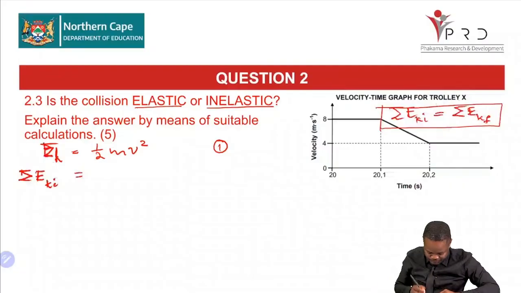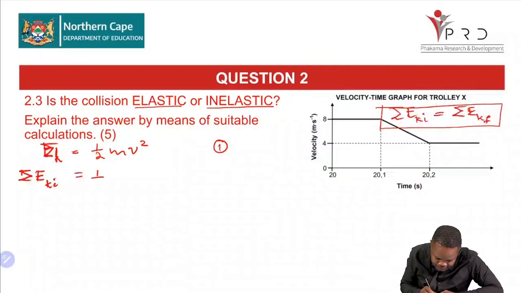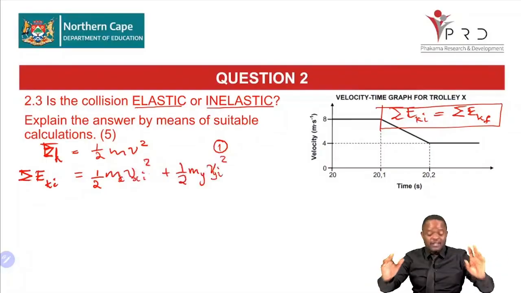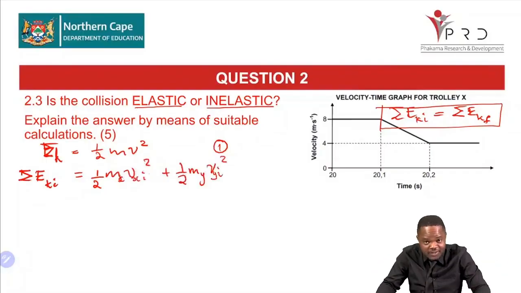Are you following? So we're saying half m_x, the mass of x, multiplied by the initial velocity of x squared, plus half m_y multiplied by the initial velocity of y squared. You see, everything lies with the formulas, grade 12.